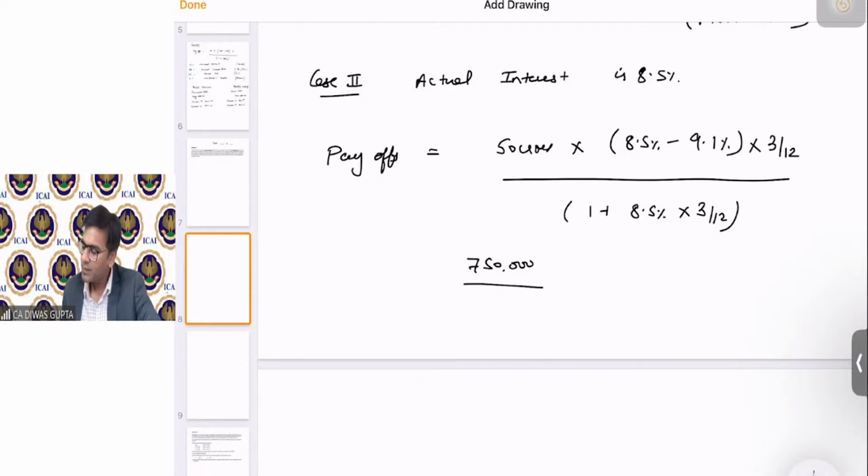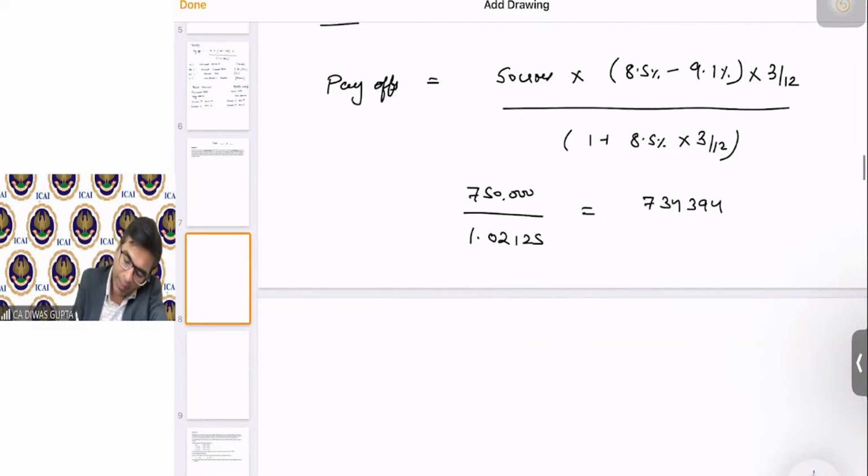So this is 1.02125. So 7,50,000 divided by this is equal to 7,34,394. So the payoffs for Ankush Limited becomes 7,34,394 as a loss.